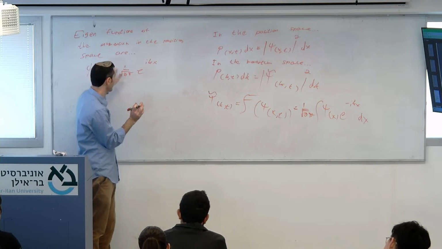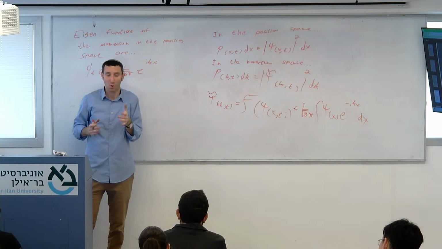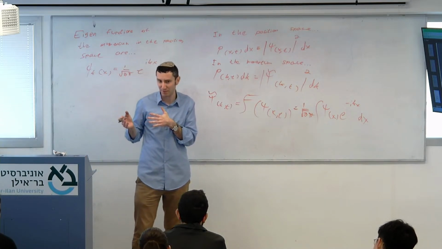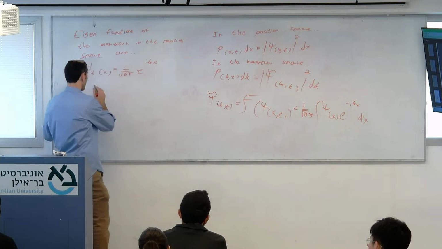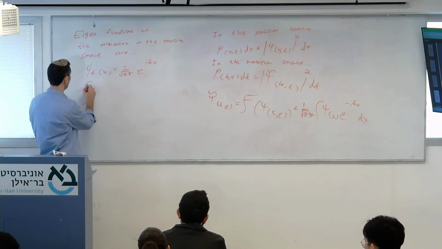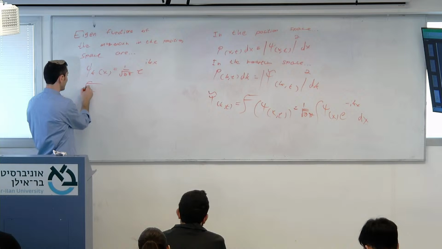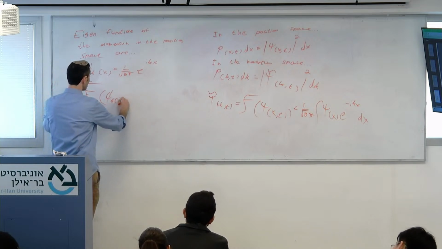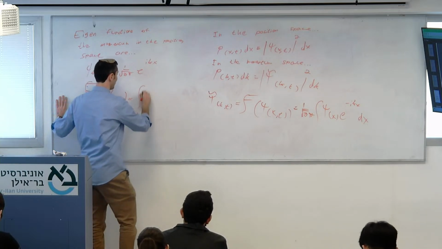One specific momentum k, this is the way to describe it. If this is indeed my momentum, how would I represent it in the momentum space? Well, I would do the Fourier transform. So I do an integral. This is my Fourier transform of phi k of x, which is the integral from minus infinity to infinity.